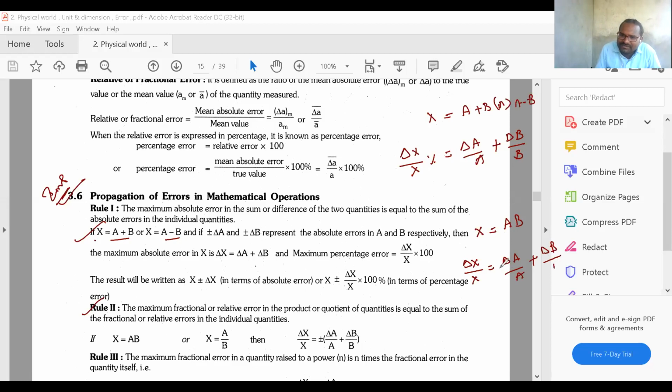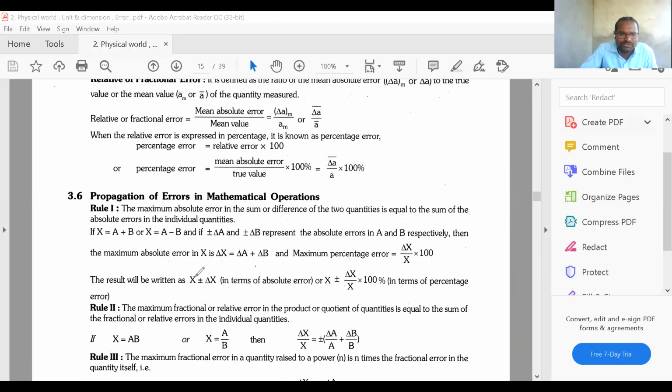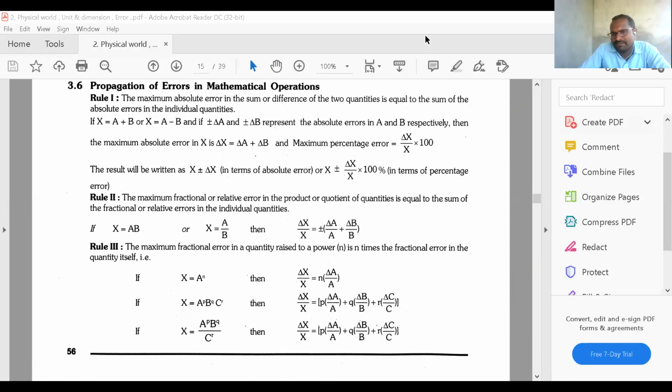And when x is a by b, then also your delta x by x value will be delta a by a plus delta b by b only. These rules you need to remember. On these rules we will get some questions. One more rule is there.